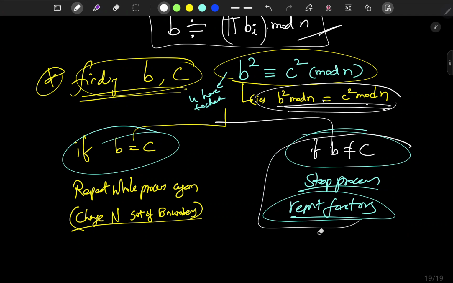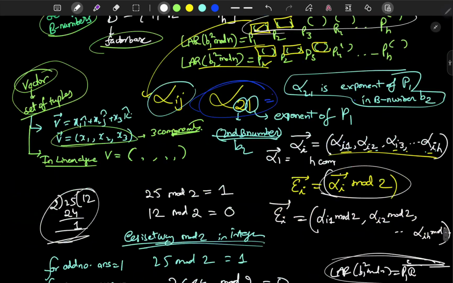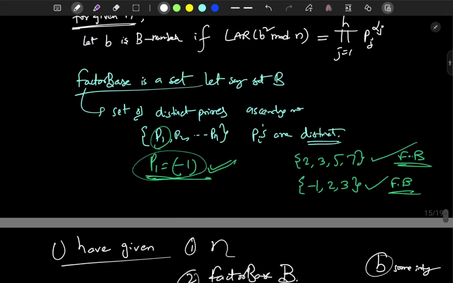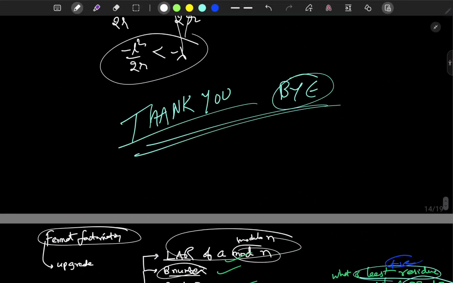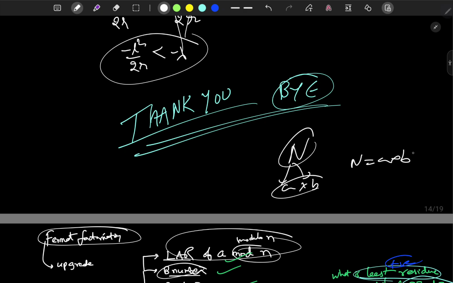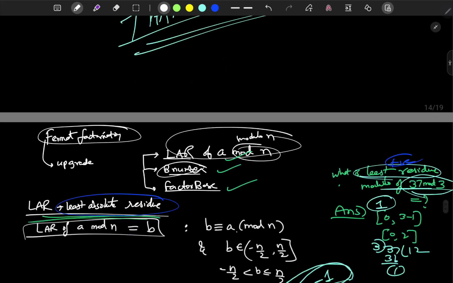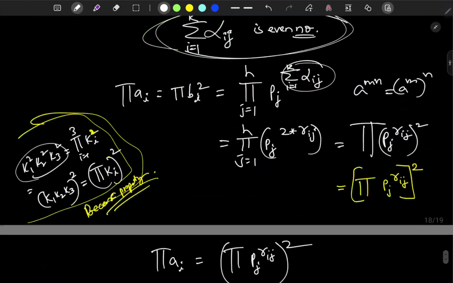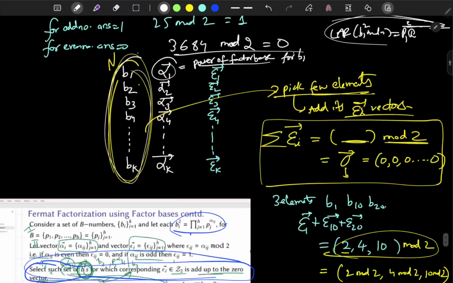The whole purpose is to find the factors. Fermat factorization means: given an n value, give me two factors, a into b. This is what the whole Fermat factorization topic is about, which we will discuss next.